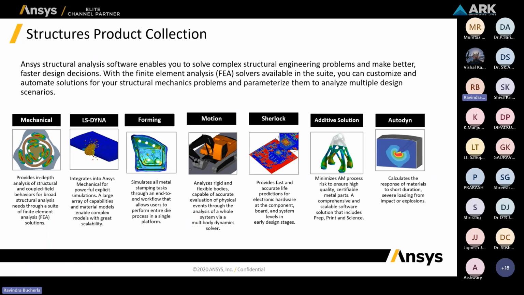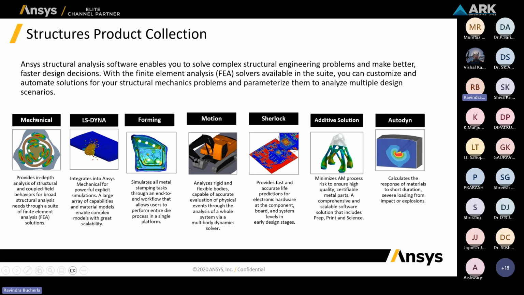Sometimes we will be solving a problem related to static analysis or dynamic analysis. And in dynamic analysis also we will be solving problems related to explicit dynamics, implicit dynamics. So for different analyses, we will be using different equations, and these are the different tools that we have in Ansys, where each tool has its major focus area and major application.